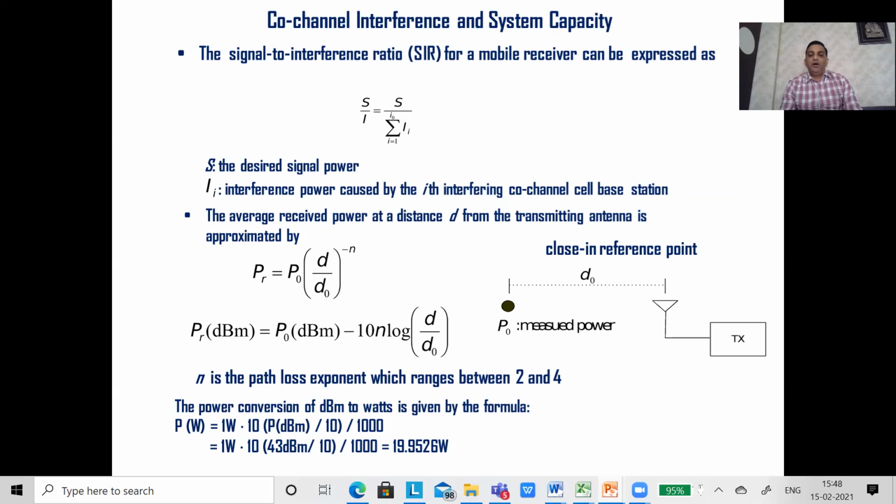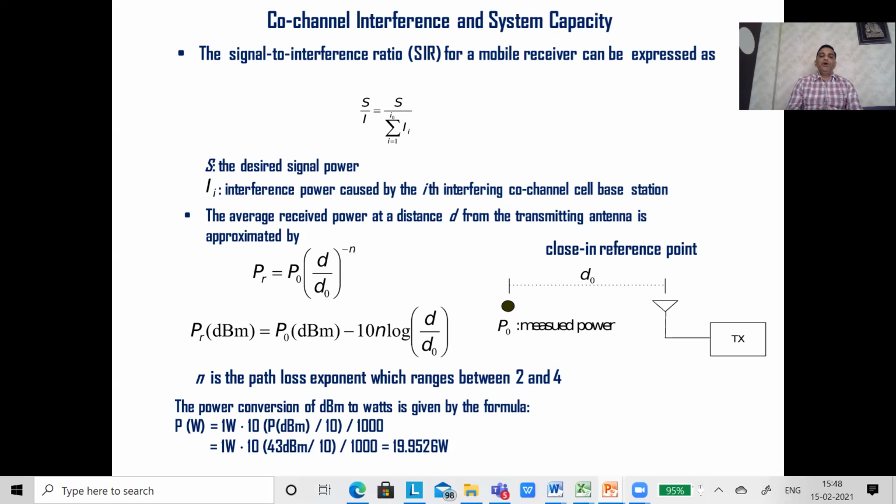In terms of dBm, this received power can be measured by making use of this mathematical expression. So PR in dBm is equal to P0 in dBm minus 10 into n into log of d by d0. This is the mathematical equation to calculate the received power in terms of dBm.